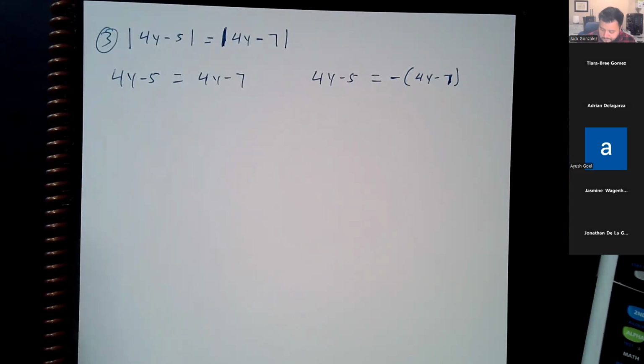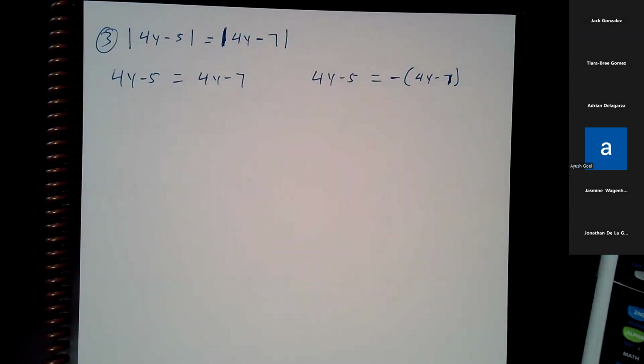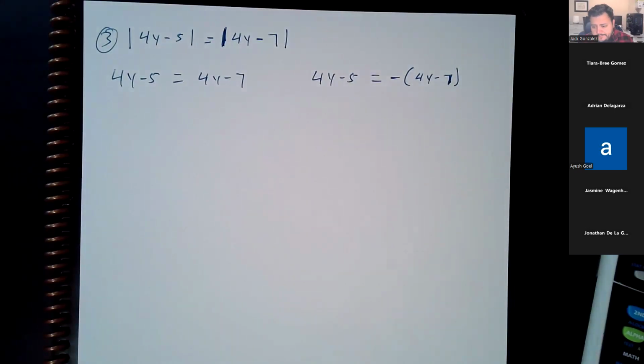Okay, so now that it's set up, we just do algebra. Although, what do you notice about the left-hand side type? Yeah, the y's are going to cancel. What does that mean?